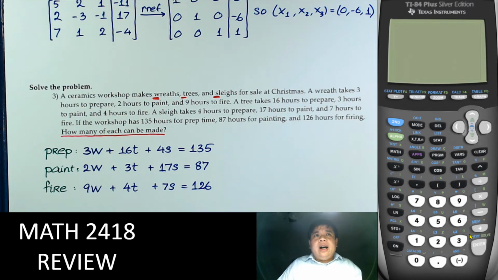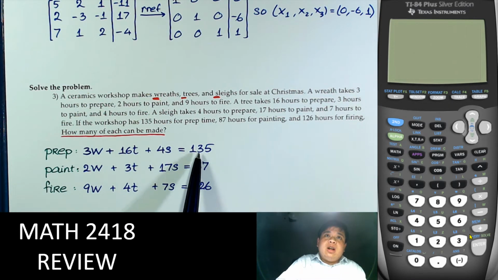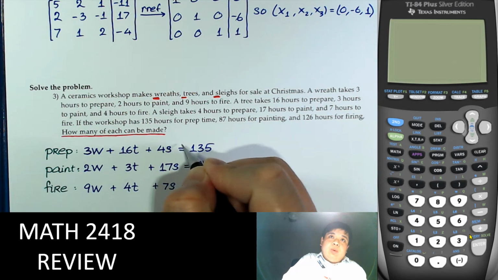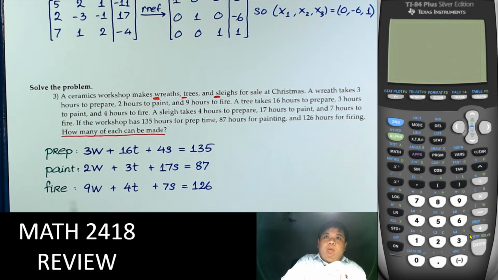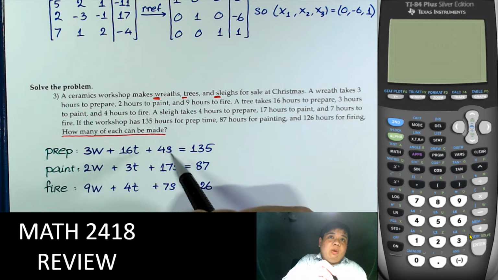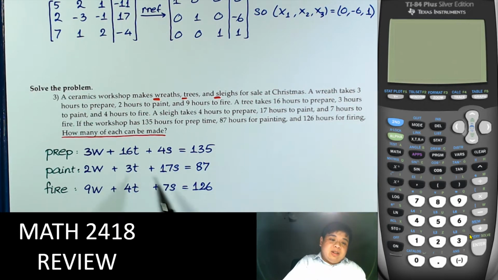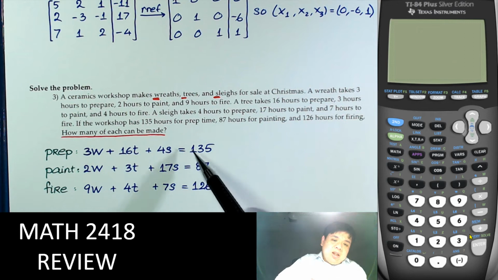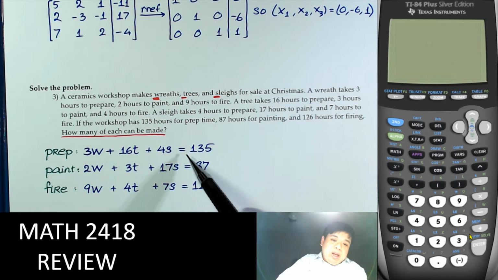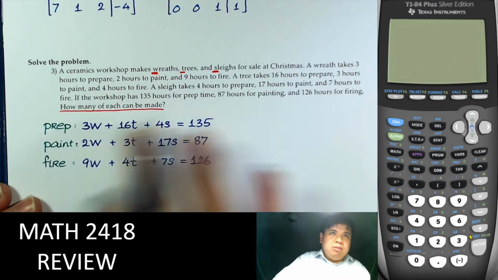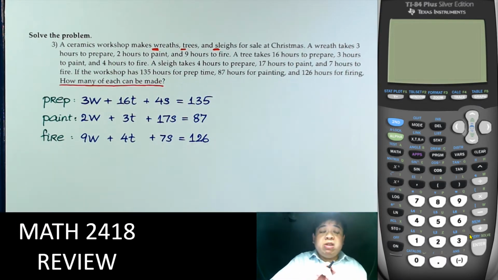Also, in real life we might have 135 hours to prep, but it should really be less than or equal to, because we might only use 134 hours and have an extra hour left over. So 135 is the total number of hours we can use. In real life we might not use all of them. Ideally, if we use all the hours, that would be perfect.